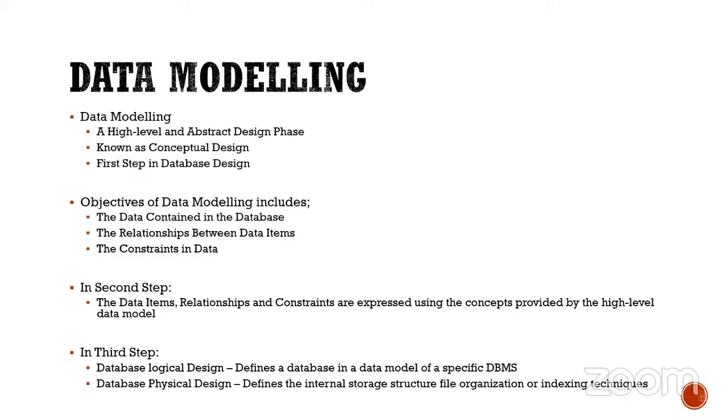After data modeling has been concluded, you move to the second step, which involves using concepts in expressing your data models. The third step is a two-in-one step, which involves logical design and physical design.